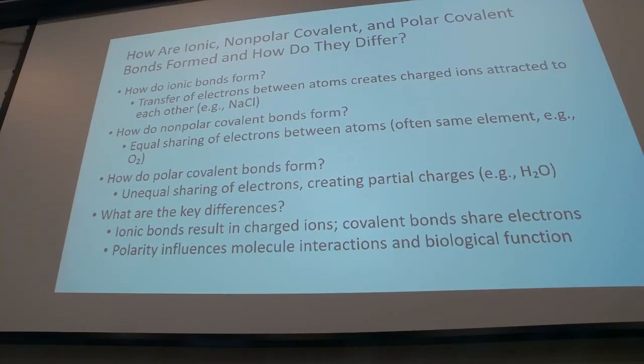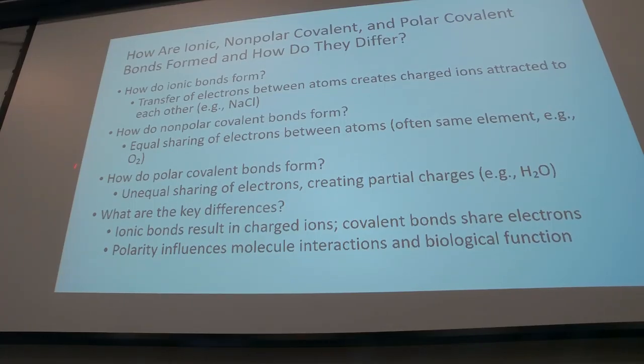So this is covalent. And then in covalent, we can have polar and non-polar covalent bonds. And then we can share different numbers of electrons. We can share 1 pair, in this case a single covalent bond. If you share 2 pairs, it will be a double covalent, then triple covalent bonds.